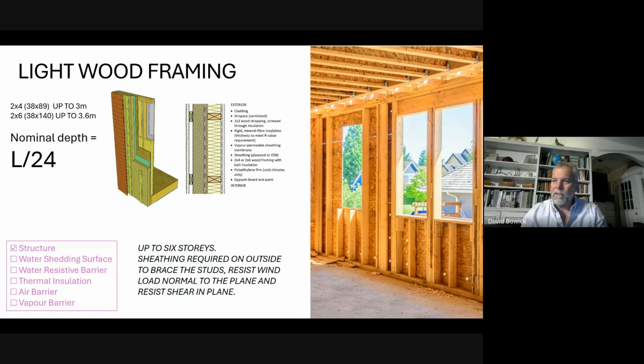Forgive me, I don't remember exactly what it was. Anyway, it doesn't matter. Whatever it was, it's a 6-inch wall because the insulation requirement could be achieved with a 6-inch batt historically.